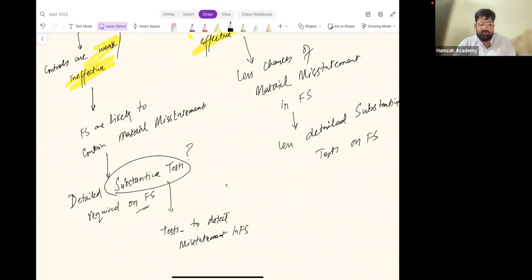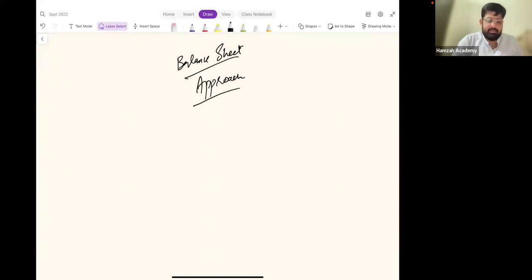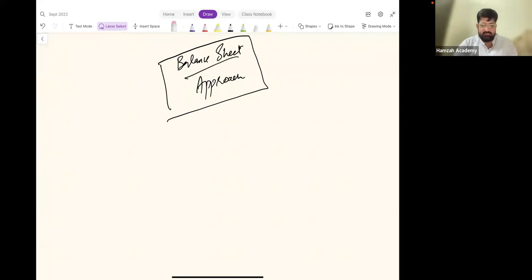Good. Now, the next is the balance sheet approach of audit. What is the balance sheet approach of audit?